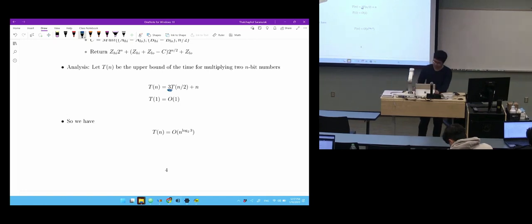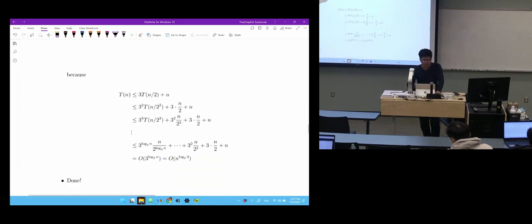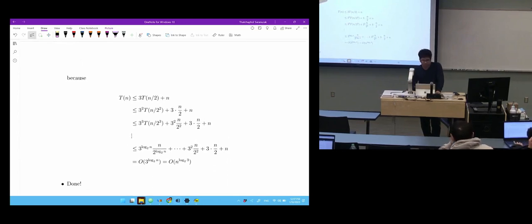So now we just need to solve this recursive equation, and if you try to solve it, you get this thing, n to the log base 2 of 3. Well, again, you can use the Master theorem, but you can always do this by hand and see what happens. I will not go through this calculation.